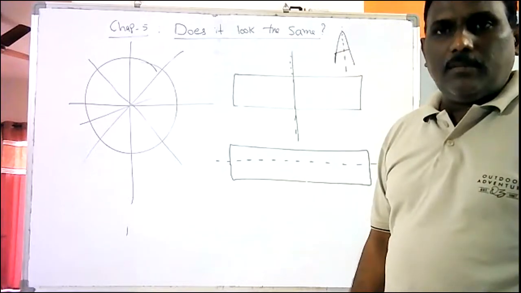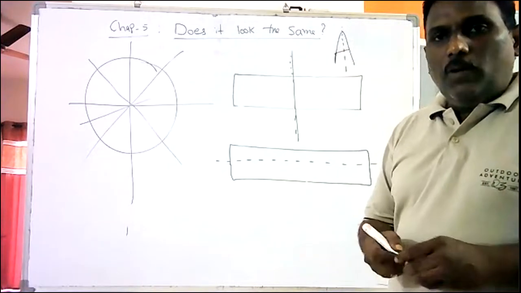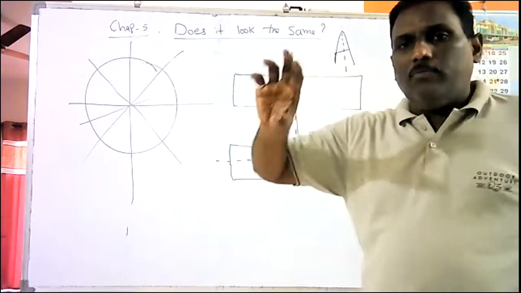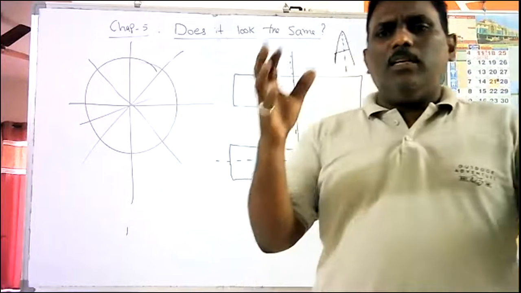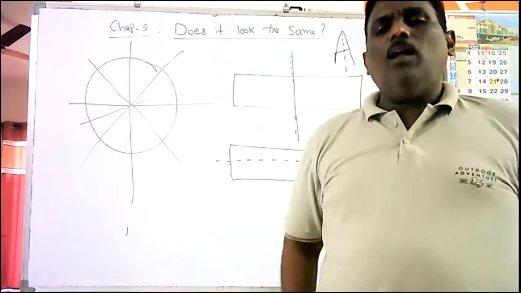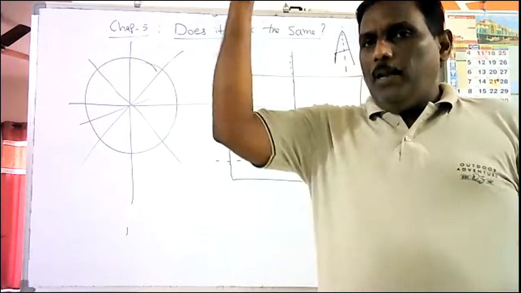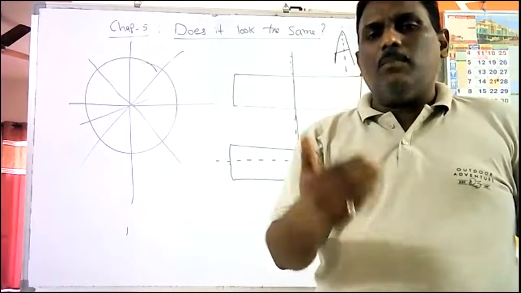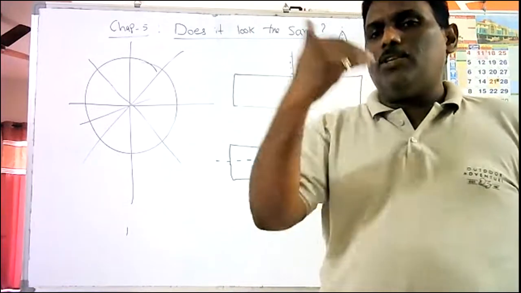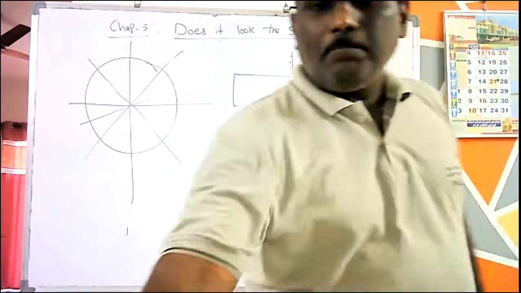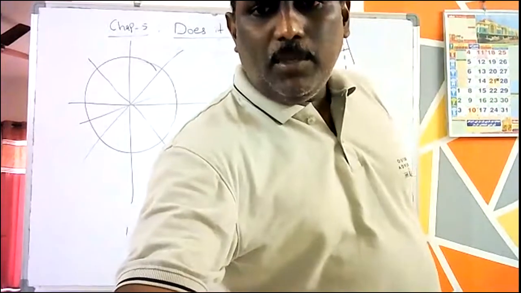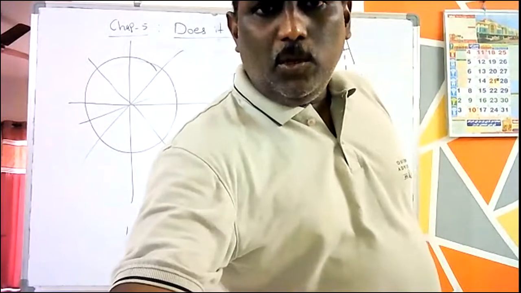So you will be given some pictures, and you have to identify whether symmetry is there or not. This is very easy information, nothing to write in the textbook or notebook. I will share one PPT. Please go through the PPT and the concept will be clear. If you want, you can copy that in your classroom. So it is a very easy chapter. You will enjoy doing this.